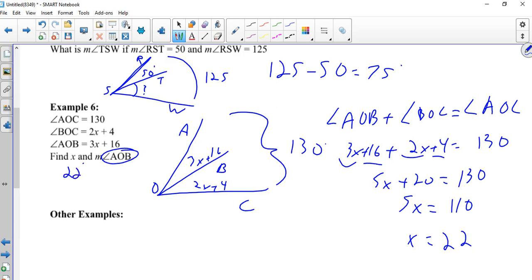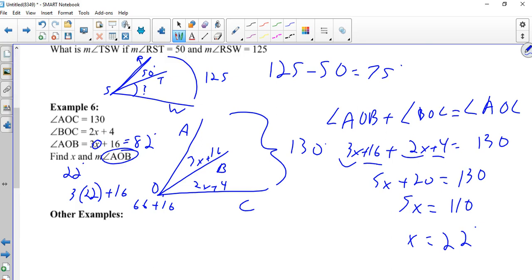So we know x is 22 degrees, and then find AOB, which means we're going to plug 22 degrees in right here. 3 times 22 plus 16. That's 66 plus 16. So AOB is equal to 6 and 6 is 12. Carry the 1, 6, 7, 8. 82 degrees.